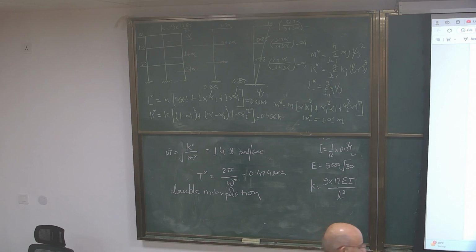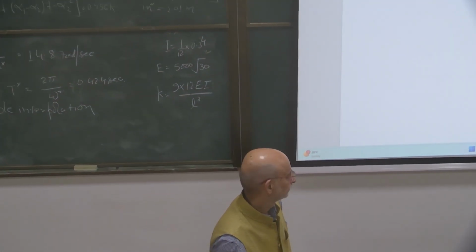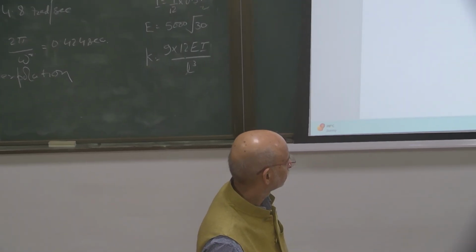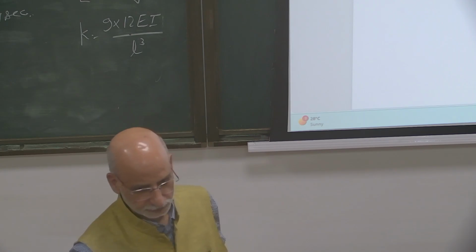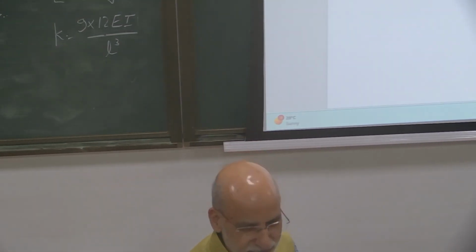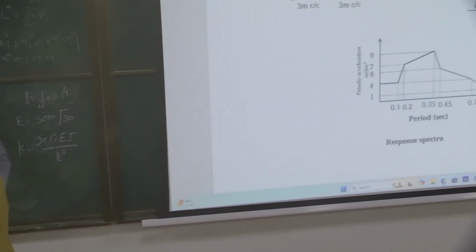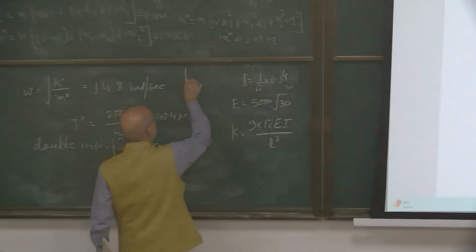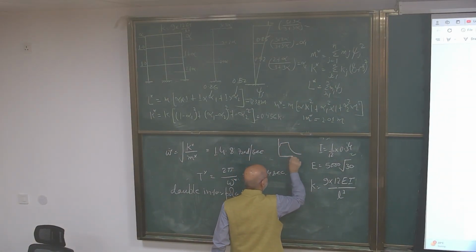First do it with the abscissa, then with the ordinate. The actual response spectrum you get in the code is a different kind of response, but here I made it this way. Otherwise, if you go to the code, you'll find something like this.